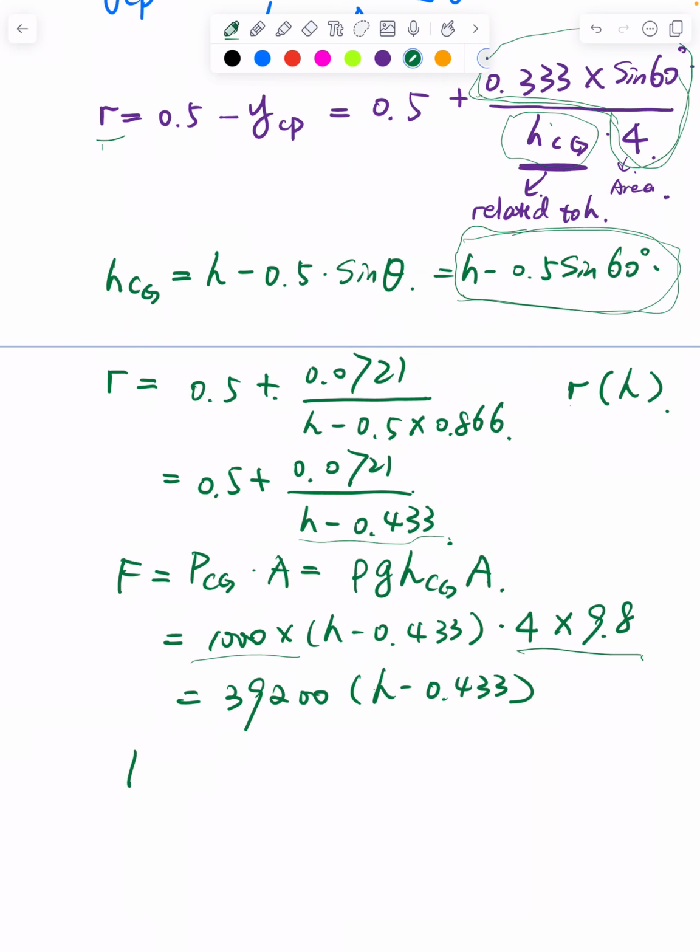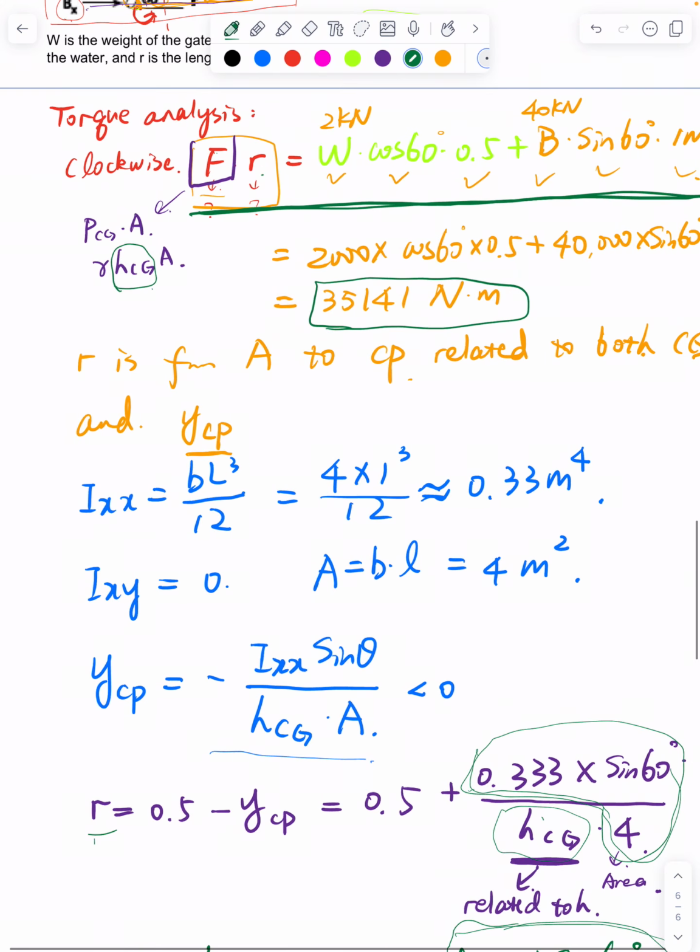And F multiplied by R. We also notice that F is the only function of H right now, and F multiplied by R is the value we originally know at the very beginning.